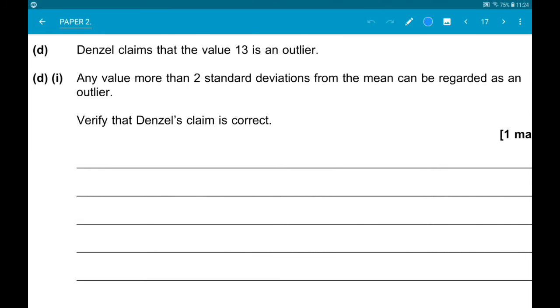Denzel believes the value 13 is an outlier. Any value more than 2 standard deviations from the mean can be regarded as an outlier. Verify Denzel's claim is correct. Okay, so we need to do 72.375 minus 2 times 28.7.